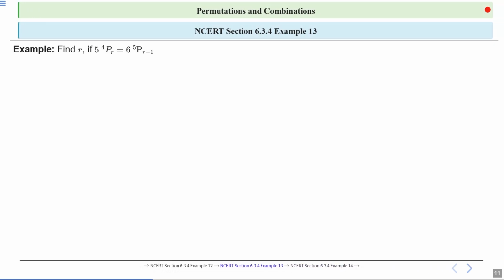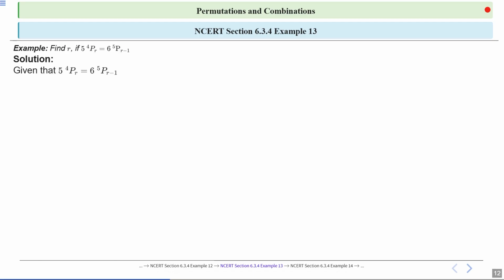Now this question asks us to find the value of r when the equation is 5 times 4Pr equal to 6 times 5P(r minus 1). So here let's find the value of r.